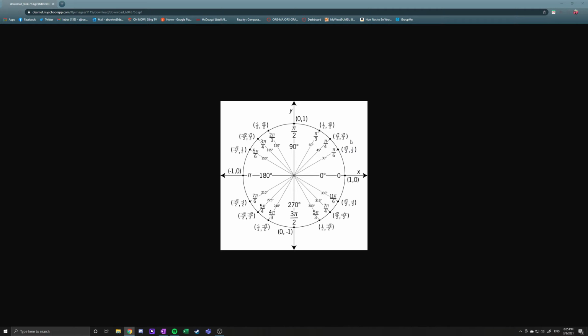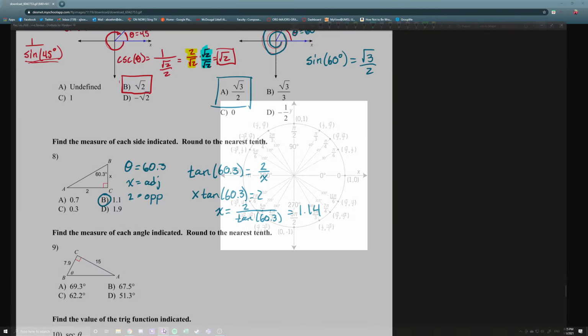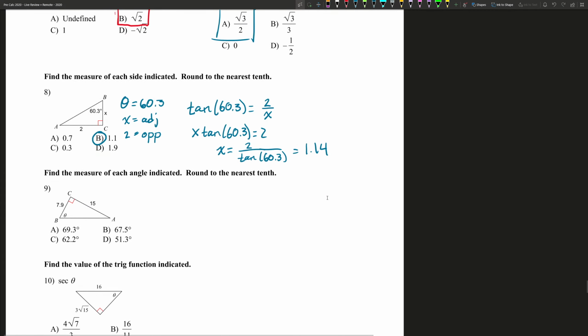At what level of PEMDAS do trig functions fall? That's a good question. So it is a function, right? So this is pointing to some number, so a ratio of 2 numbers, right? So 60.3 means almost nothing in terms of algebra here, right?